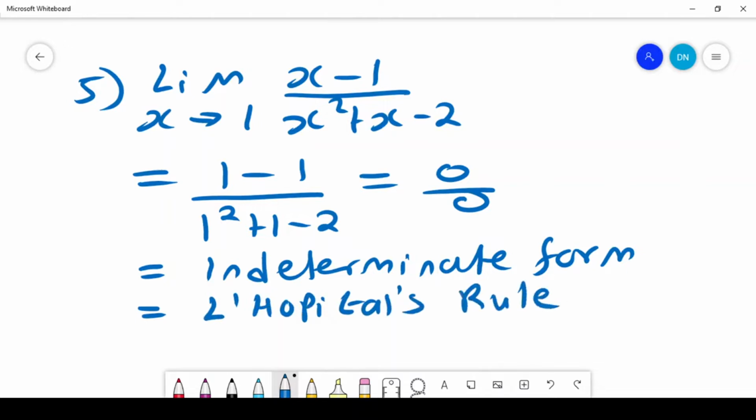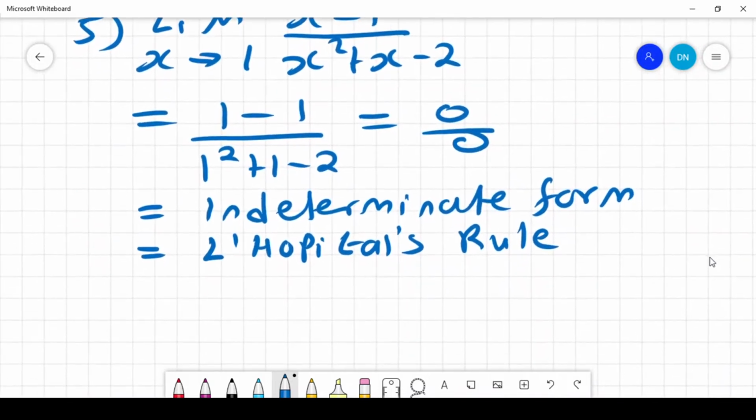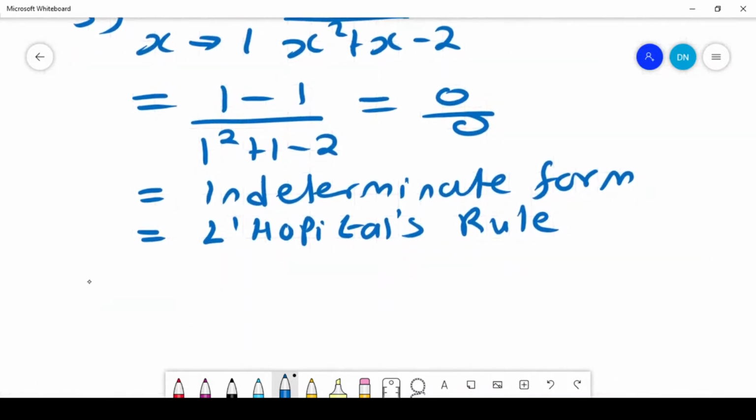And so what do we do? We differentiate the denominator and the numerator at the same time, and then we substitute. So I'm going to go through the problem again. Limit x tends to 1. When I differentiate the topmost part, it will give me 1.